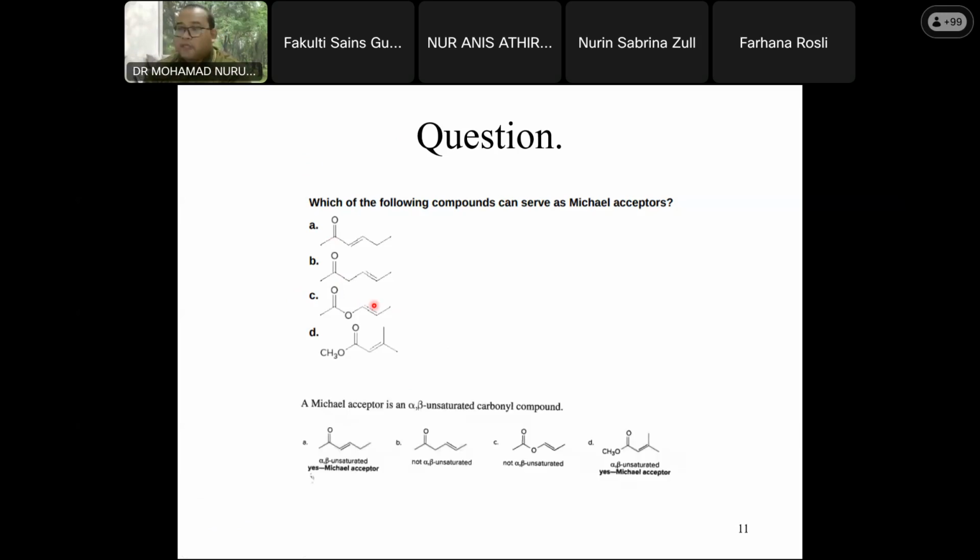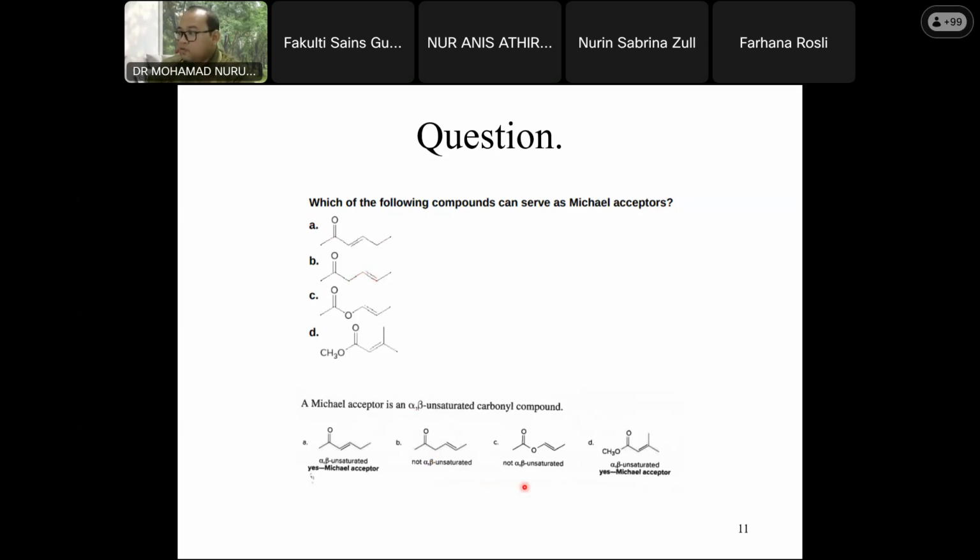As I said before, a Michael acceptor is an alpha, beta unsaturated carbonyl compound. If we refer to compound A here, it has the alpha, beta unsaturation, so this one is the Michael acceptor. B is not a Michael acceptor because it is not alpha, beta unsaturated; this one is at the beta and gamma positions.